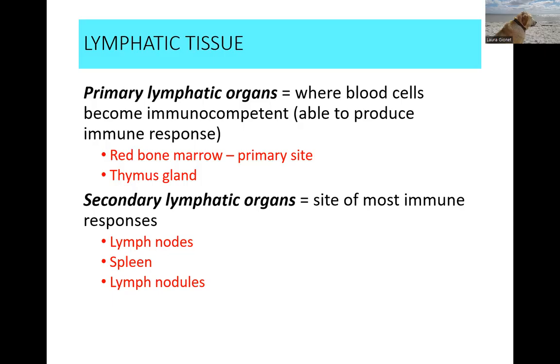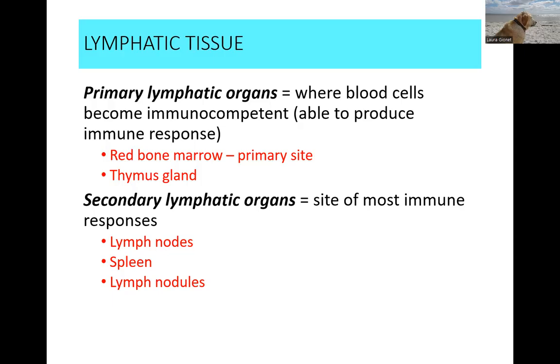The thymus gland produces a hormone called thymosin. And thymosin is a hormone that stimulates the maturity of what's called the T lymphocytes. That's called becoming immunocompetent, to be able to produce an immune response. And in the red bone marrow, our B lymphocytes will become immunocompetent or sensitized at that point.